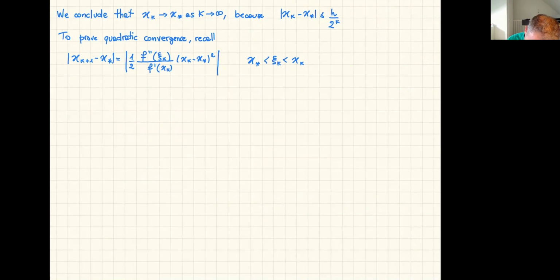So why do I think that was a good bound? Because remember, quadratic convergence was about finding limits of this type, of these sequences: the error at the (k+1)th iterate divided by the error at the kth iterate squared.